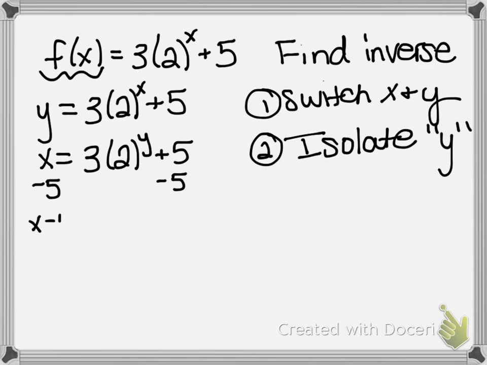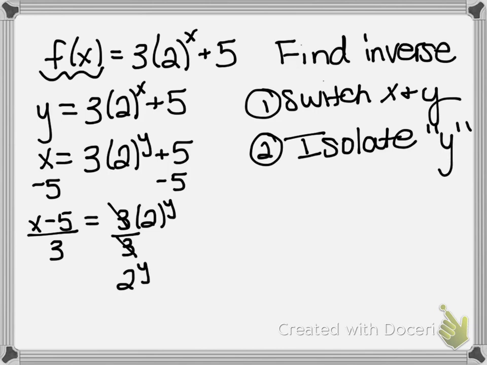And so we would have x minus 5 is equal to 3 times 2 to the y. Then we would divide both sides by 3. Remember, we have to get the exponential by itself. So we now have 2 to the power of y by itself on the right side. We have the exponential isolated, and we can leave the left side written like this.